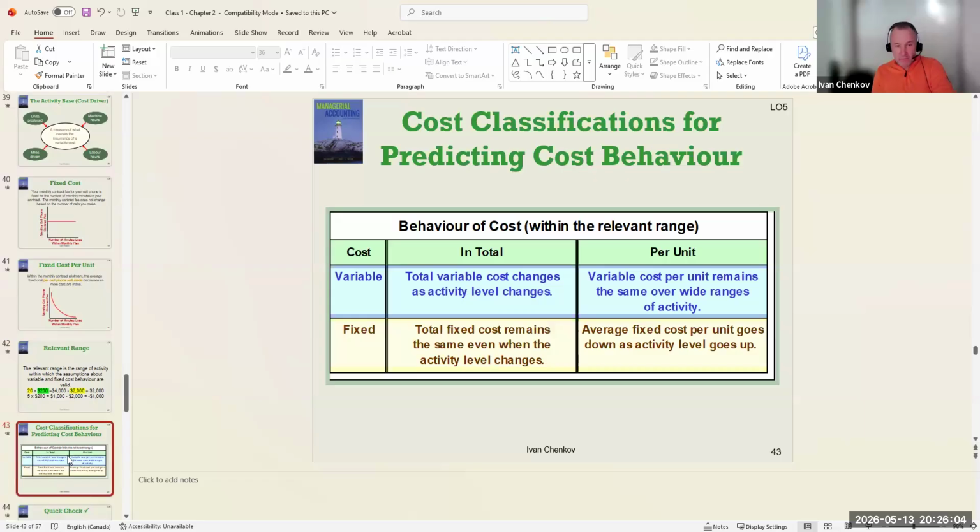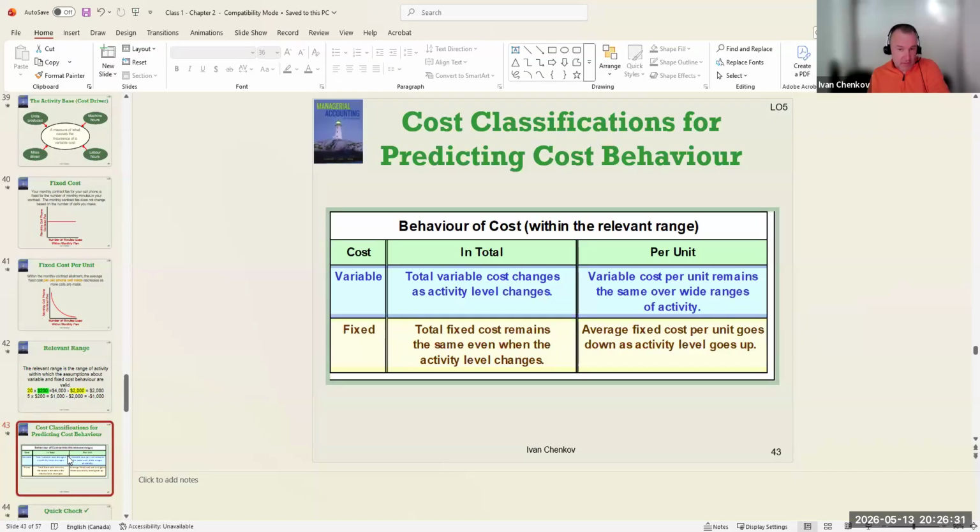What I want you to understand now is that costs behave in two ways, as variable and as fixed cost. And they behave in total and per unit. So variable cost per unit always stays the same. In total, it always increases or changes based on the level of activity.